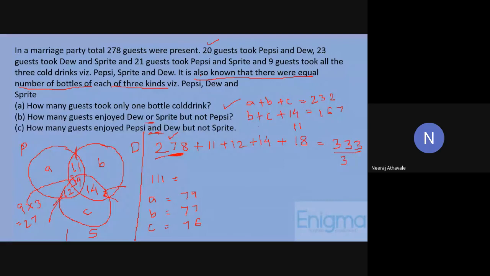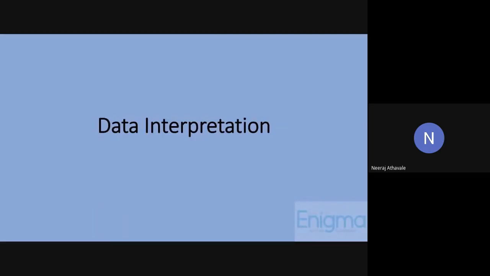The two most important topics in data interpretation are average and percentage, because almost all the questions that come in data interpretation are dependent on these two topics.